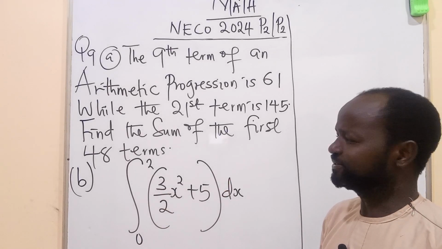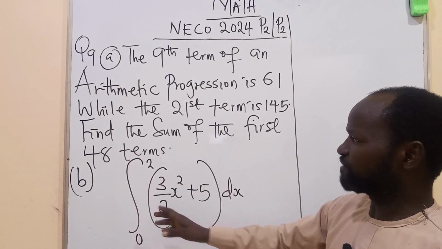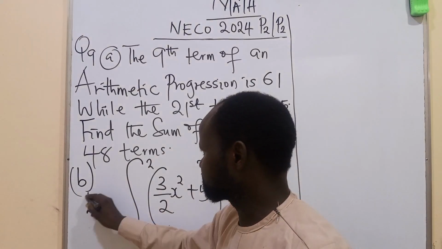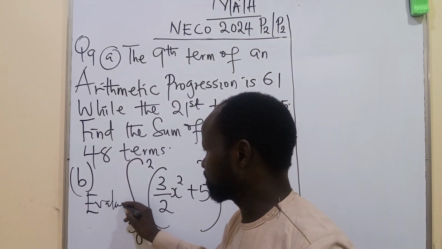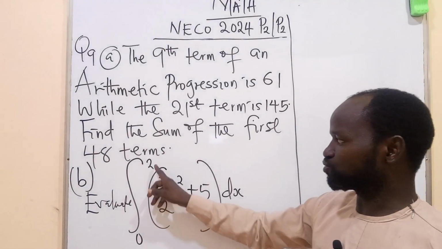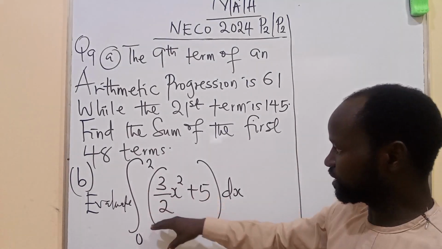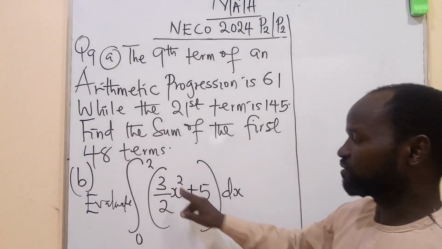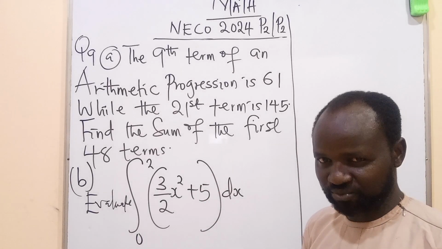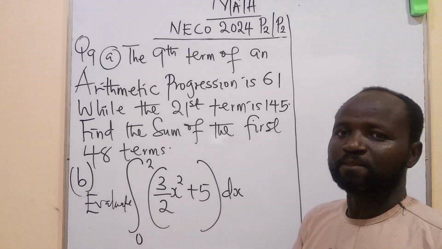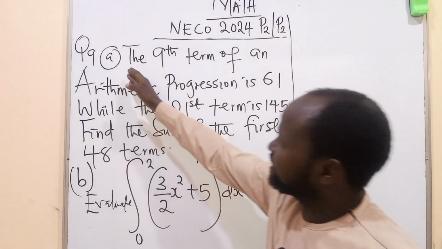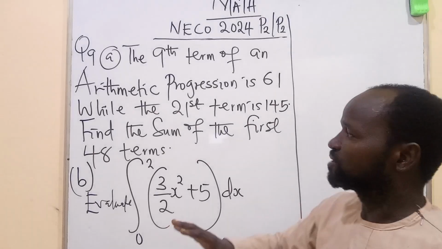Question number 9b, we are asked to evaluate the integral from 0 to 2 of (3/2 x squared + 5) with respect to x.